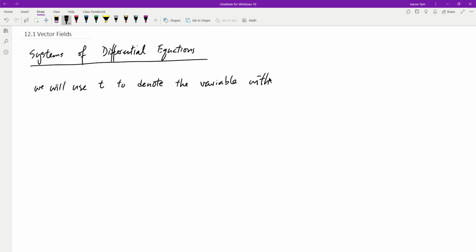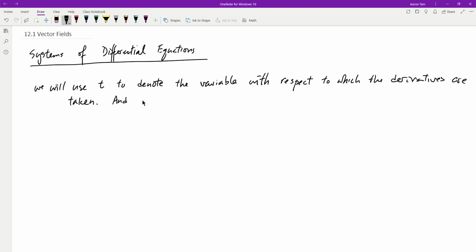So our t actually works more like a parameter instead. It just becomes the variable with respect to which we're going to take the derivative, meaning the derivative would be something d something over dt.